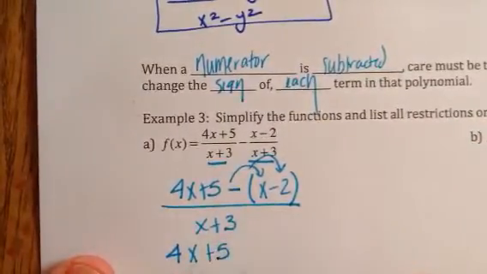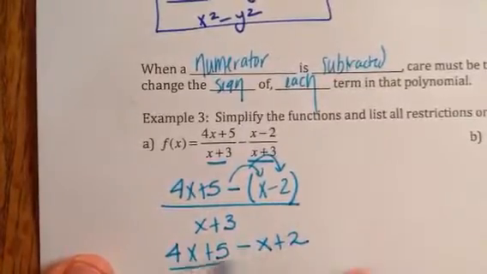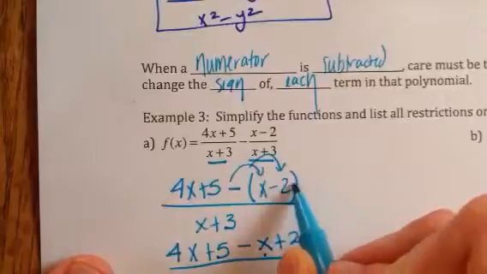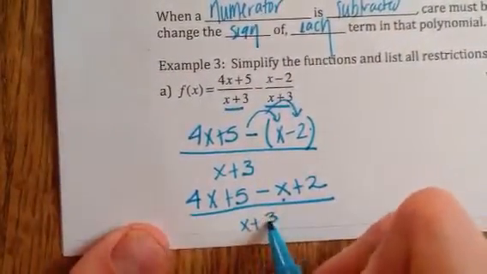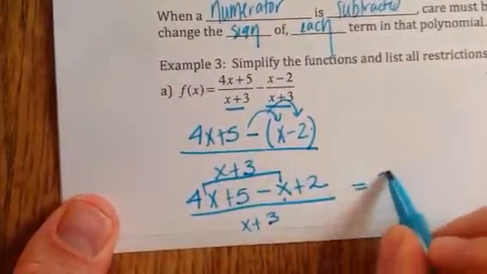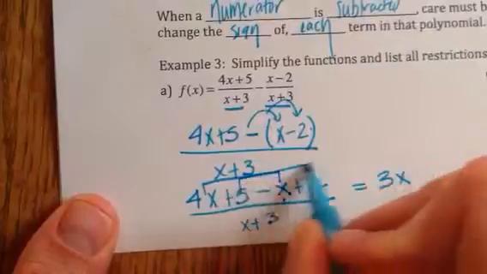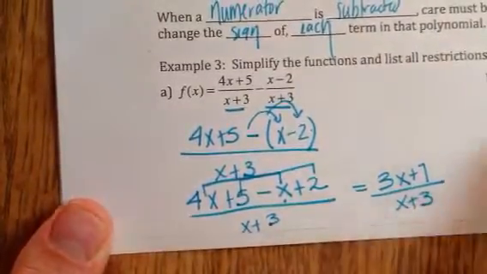So I have 4x plus 5 minus x plus 2. So whatever was positive became negative, whatever was negative became positive, over x plus 3. Combine like terms, 4x minus x would be 3x, 5 plus 2 would be 7, over x plus 3.